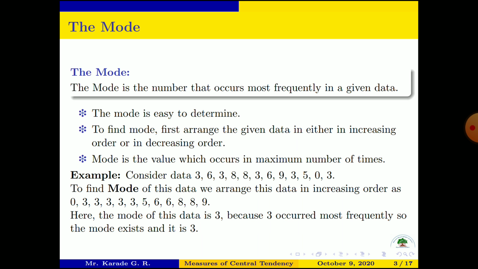So in this way, finding a mode is a very easy job when our data is raw data, or the size of the data is very small.